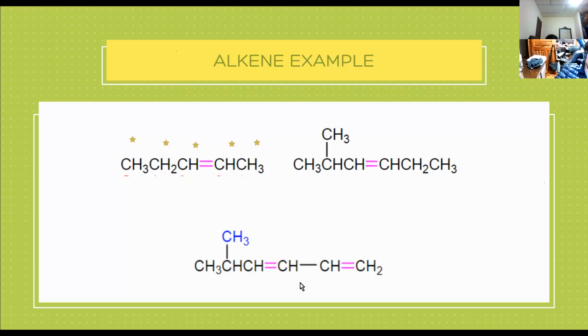So the result is hexadiene, with the bonds in the numbers 1 and 3. And then methyl, that is in the number 5. So the result is 5-methyl-1,3-hexadiene.